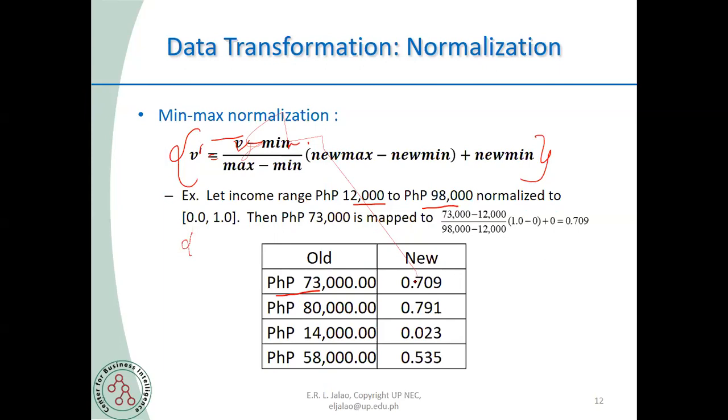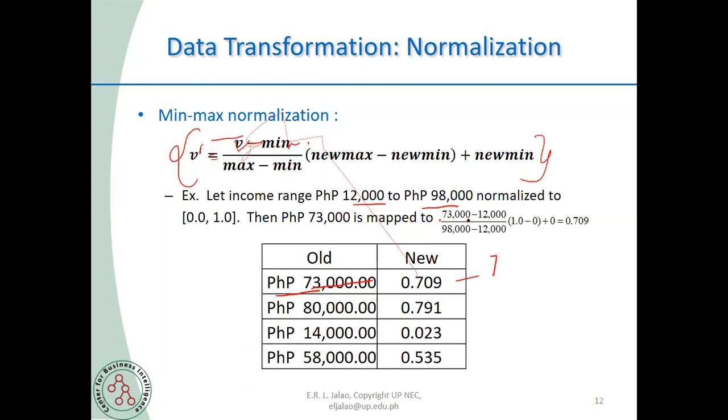So here we have 0.709, which is the new value that we computed. So 73,000, the first digit that we have here is 73,000. So it has been written here.